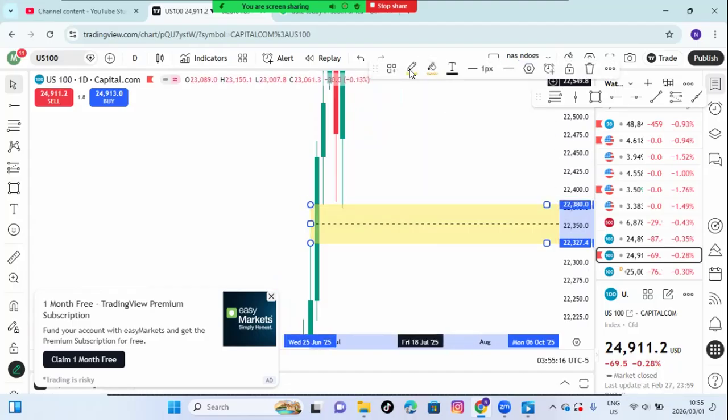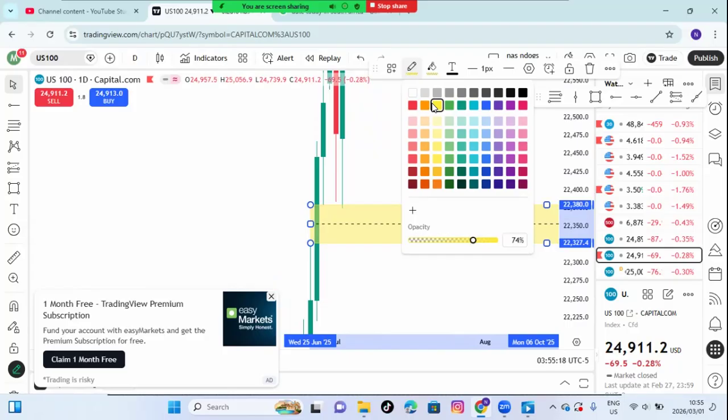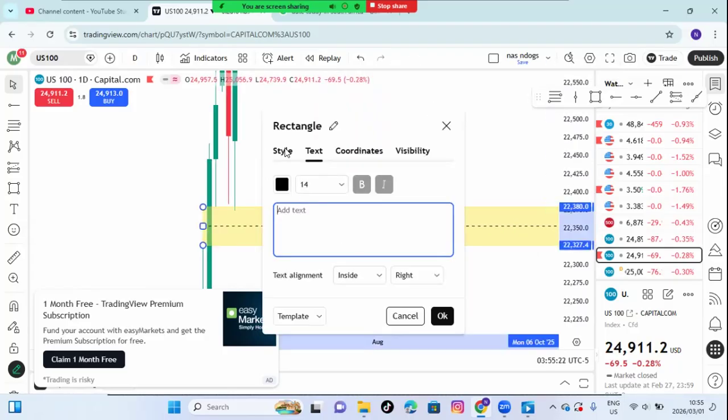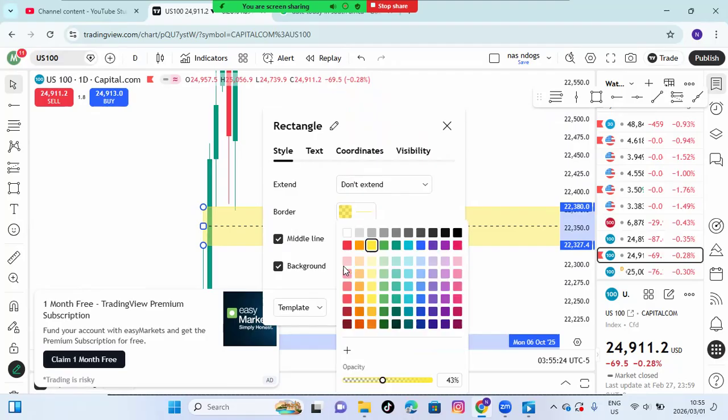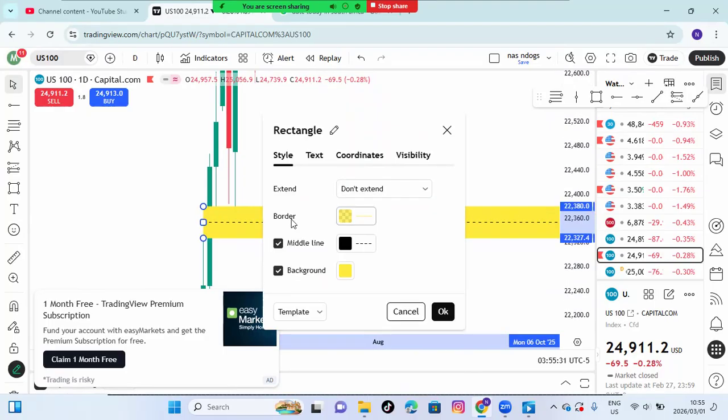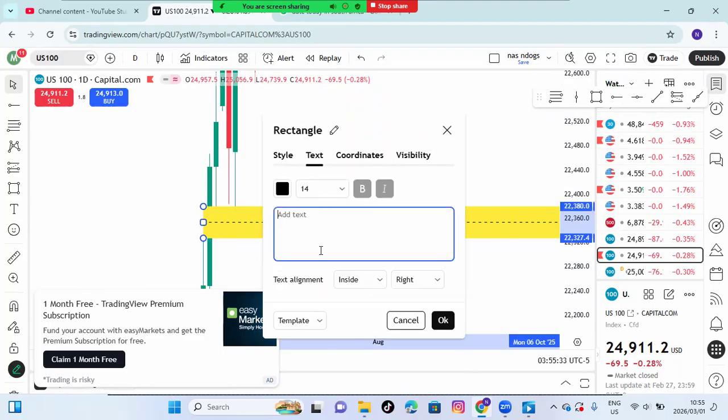I'm gonna make it yellow. Yeah, this is a high probability fair value gap here. Yes. Let's just mark it, high probability fair value gap here. High probability FVG. Why are we doing that?